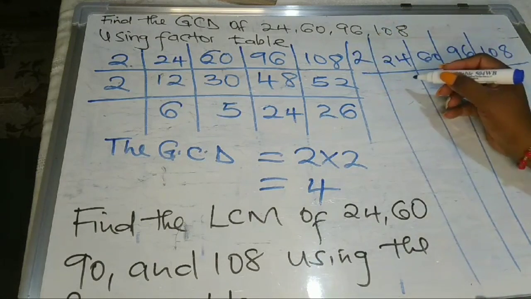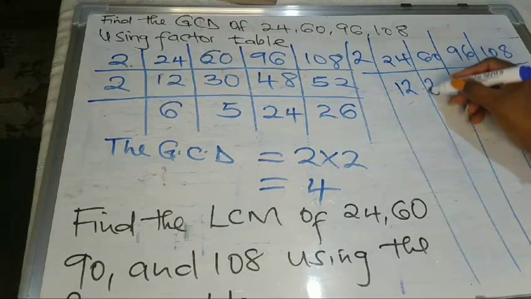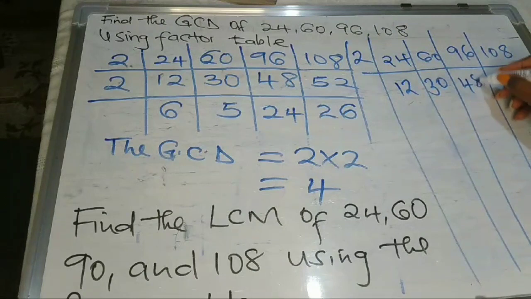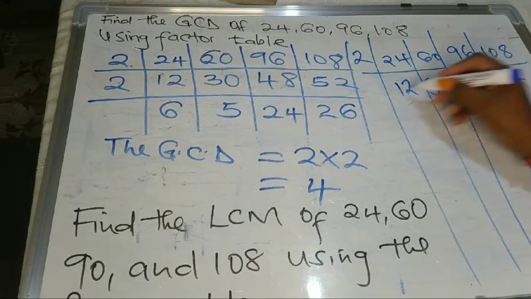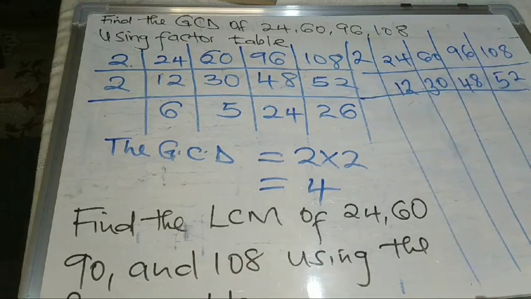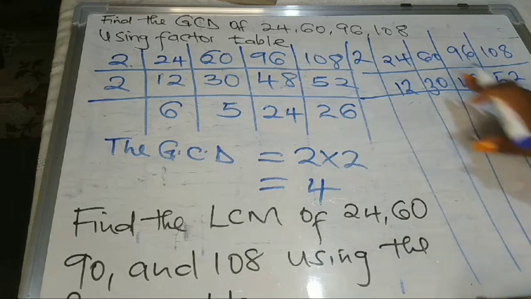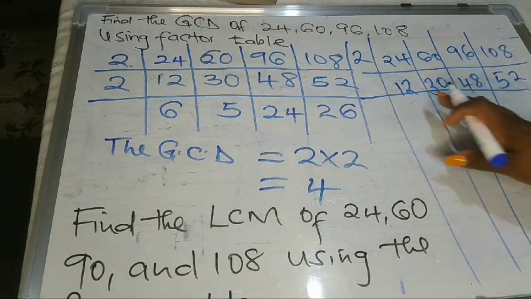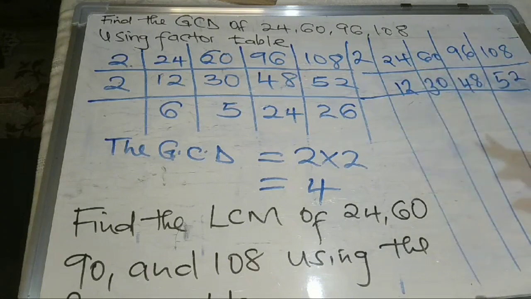So 2, we shall have 12, 30, 48, 54. Then, in the case of LCM, we don't choose a divisor that divides all the numbers. But as long as a divisor can divide any of those numbers, then we use it until it is exhausted.